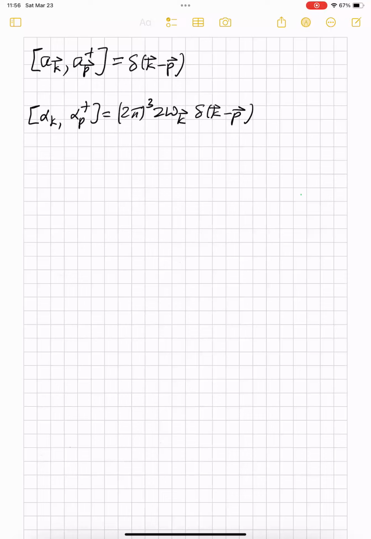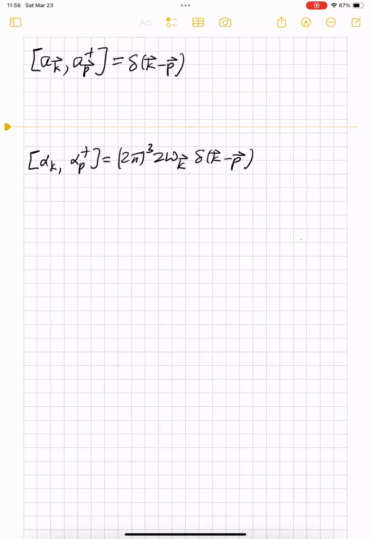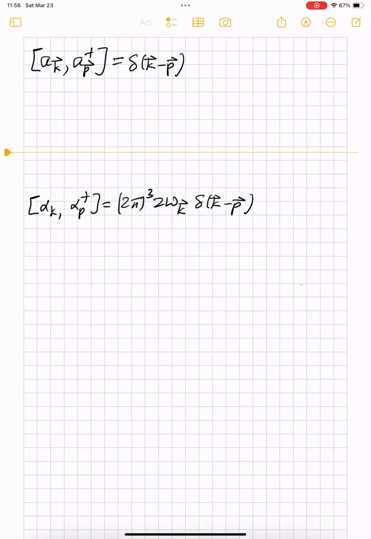So first of all, if you study the Lorentz transformation properties of this commutator, what you are going to learn is that the right-hand side is not Lorentz invariant, okay? It turns out that it is invariant under rotations, but it's not invariant under a boost.